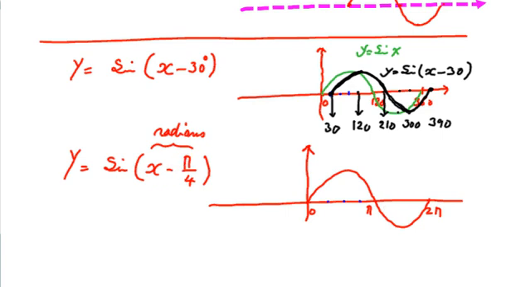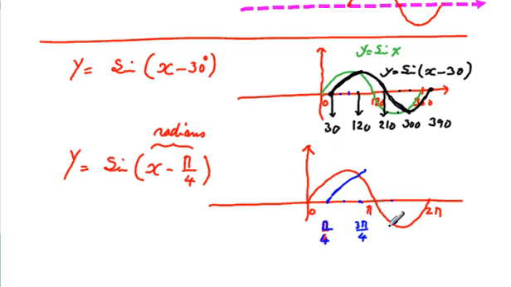Okay, so everything's going to move to the right by pi over 4. Remember, this is pi over 2, so this is pi over 4. This is going to be 3 pi over 4. So we start at this point, we reach the maximum at this point. We were hitting the ground at pi, we are going pi over 4 after that.